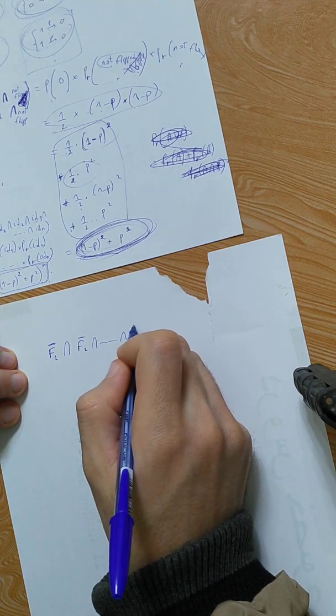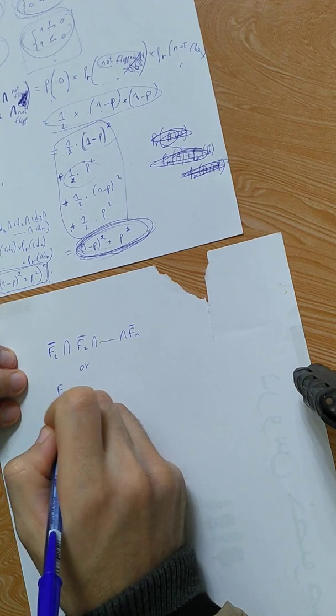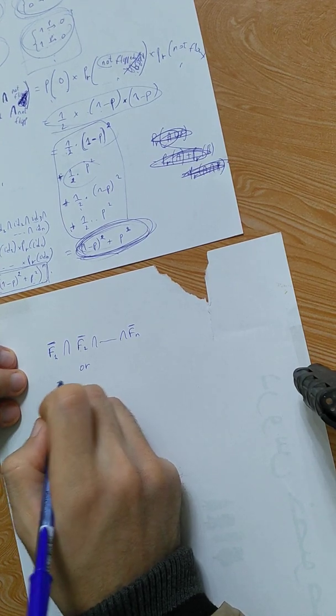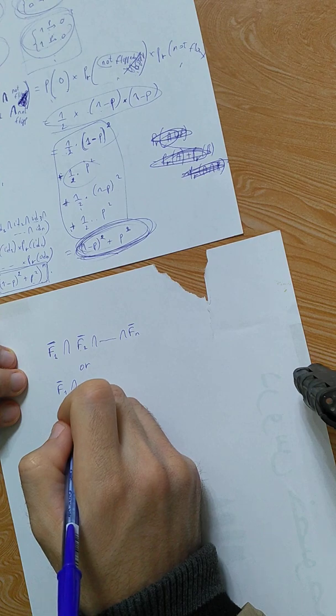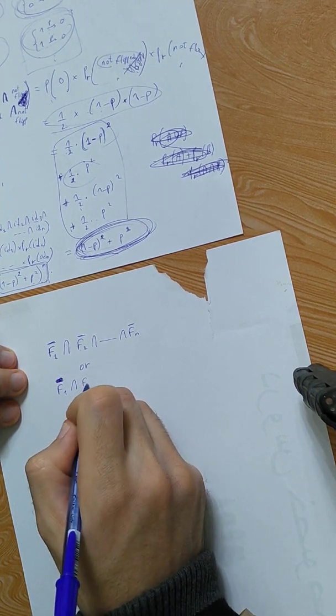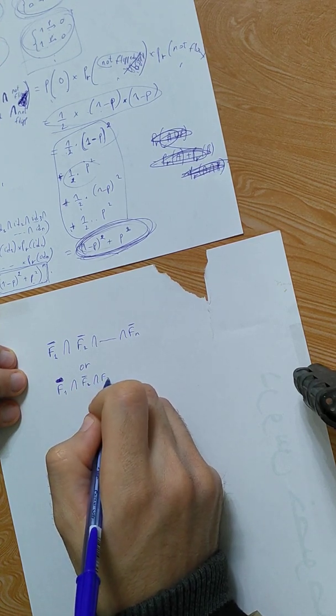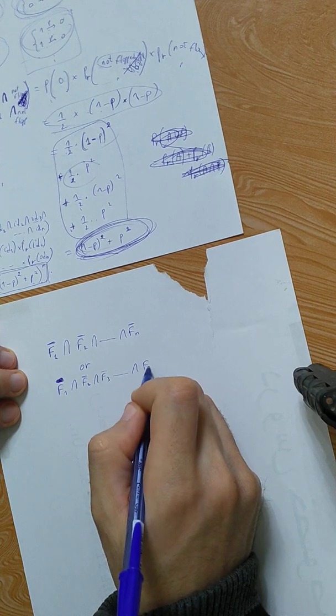This is one case. Or it could be that the first one is flipped, intersection the second one not flipped, the third not flipped, and the last one not flipped.